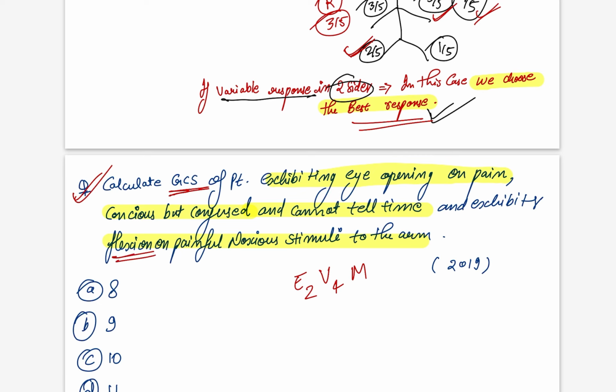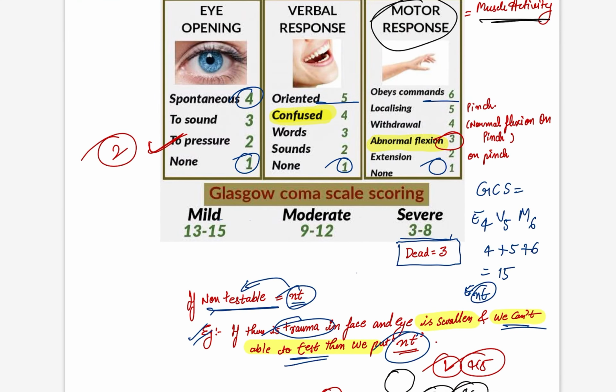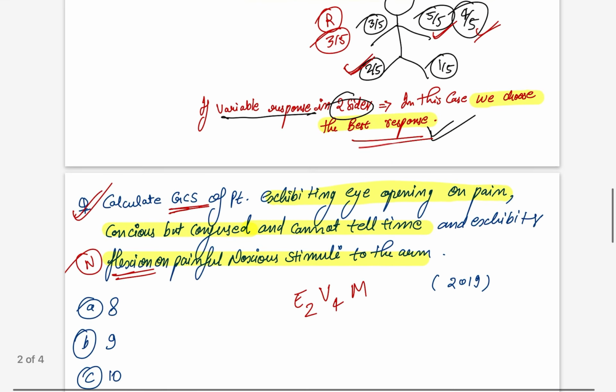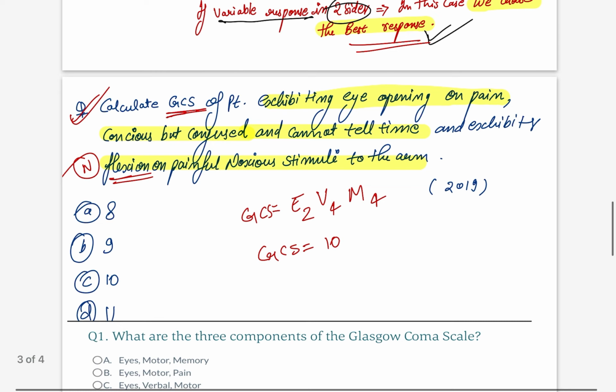He is not telling normal or abnormal, so we should consider it normal. Normal flexion means withdrawal. It is a score of 4. So we will write here 4. So what's the GCS score? The total GCS score is 10, right? The options are giving 8, 9, so the correct one is 10.